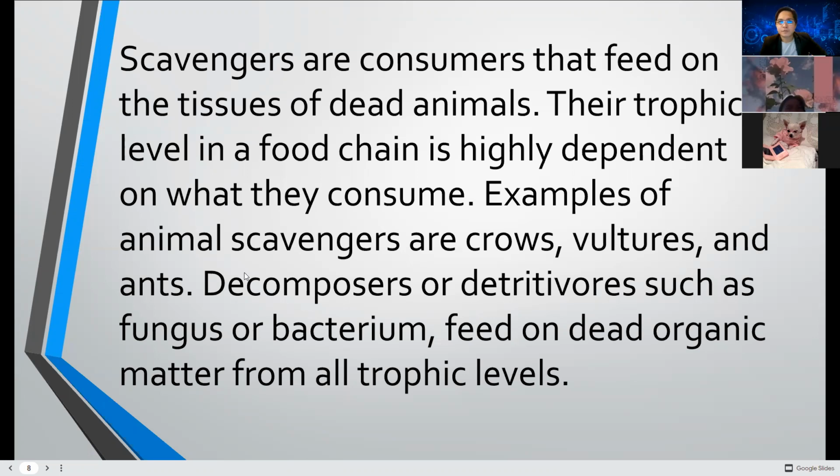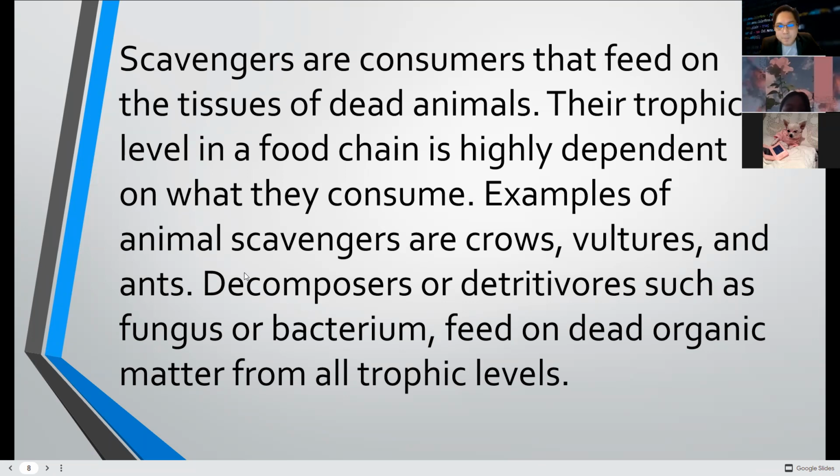What is now the ecological importance of scavengers? How can you balance nature talking about scavengers? They recycle meat. Remember that afterwards, these scavengers will die and return back to nature.